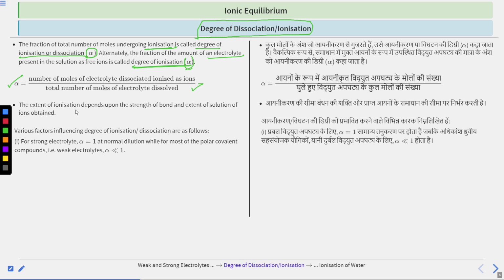The extent of ionization depends upon the strength of the bond and the extent of solvation of the ions obtained.